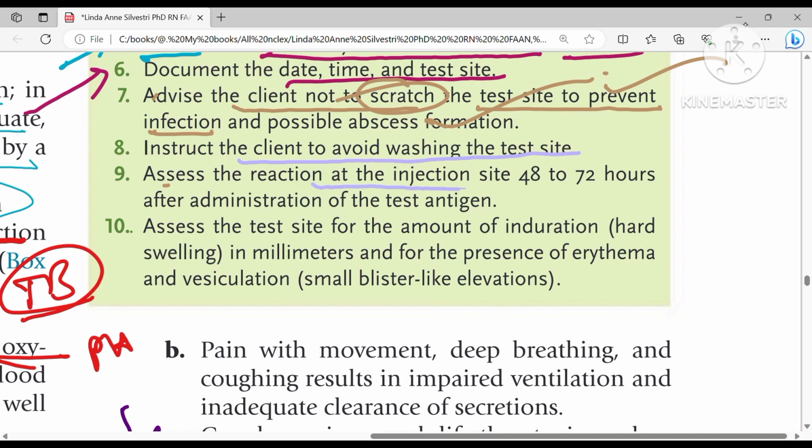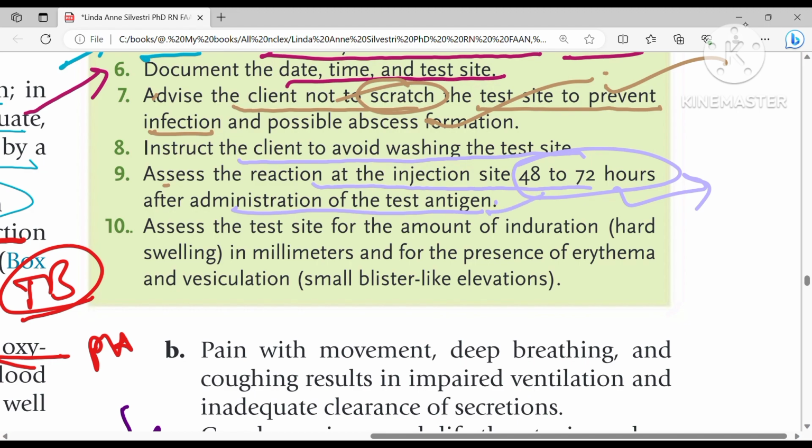And assess the reaction of the injection site at 48 to 72 hours. Any reaction will occur within 48 to 72 hours after administration of the test antigen.